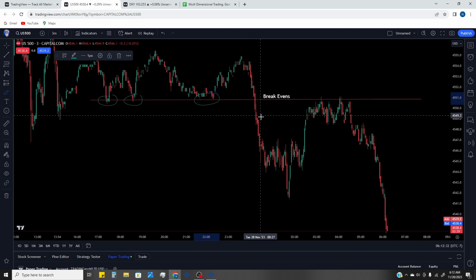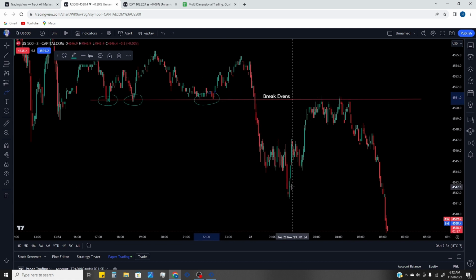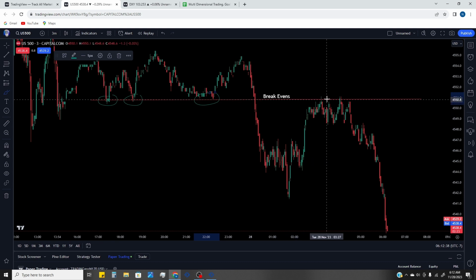They did not lose their shirt. They did not lose their money. They finally got back to break even. They can live to trade another day. Their account can live to fight another day. And they're good. They'll take the next one. This is what we do. We're traders.